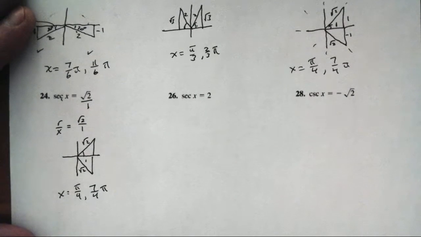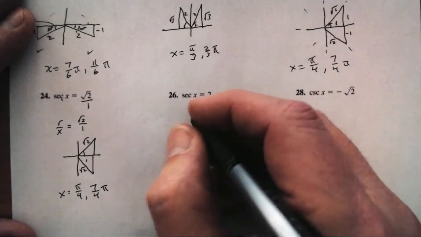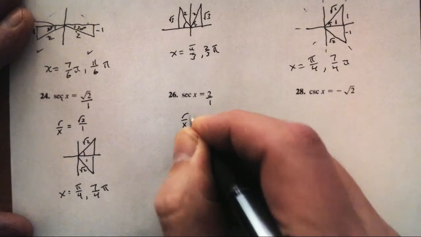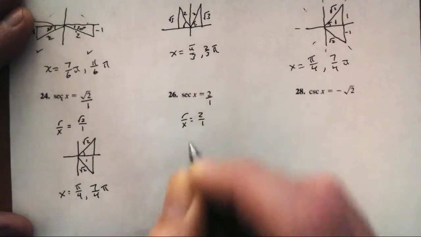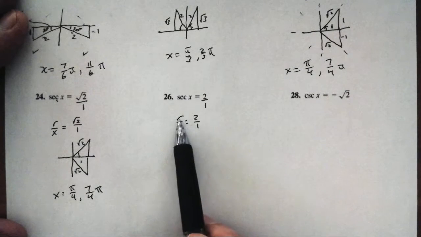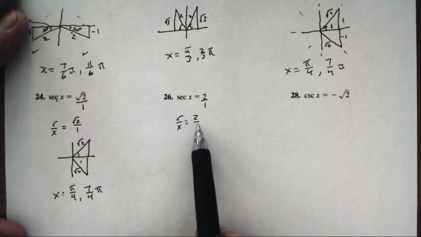Okay. When is secant plain old 2? Well, secant is plain old 2 when r to x is 2 to 1. That's a 1, square root of 3, 2 right triangle, r being the hypotenuse, 2.